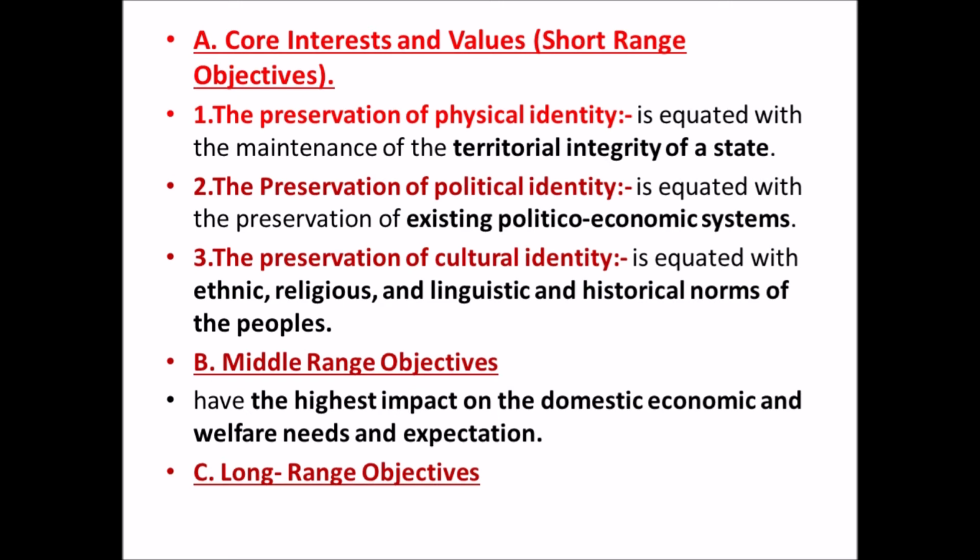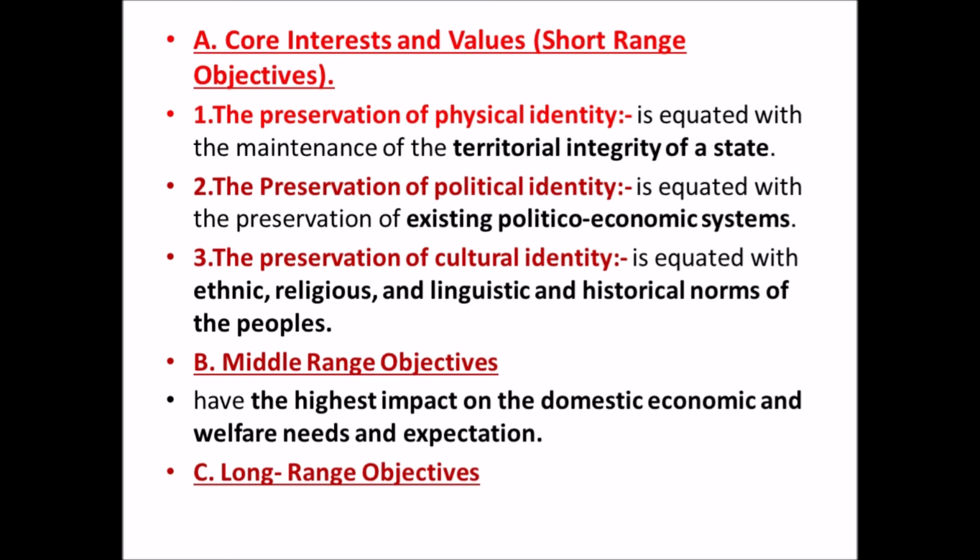These have the highest impact on the domestic economic and welfare needs and expectations. So the second, middle range objective, is related with improving the life of each and every individual and fulfilling their expectations, improving the well-being of the society as a whole.